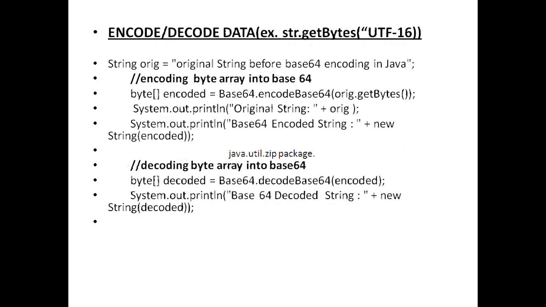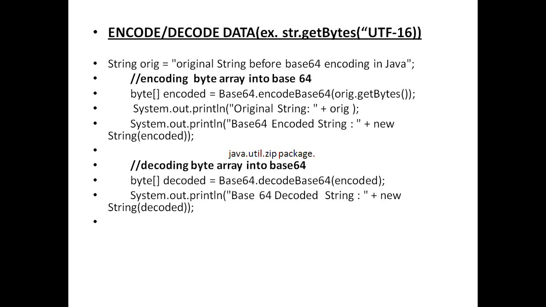There is another example. You can encode or decode the data. You can use Base64, Base32. Suppose you have a string str. I can do str.getBytes with UTF-8, UTF-32, UTF-16, or ISO formats. My basic objective is to reduce the storage size or memory for that string, so that my string is stored in a more optimized format.